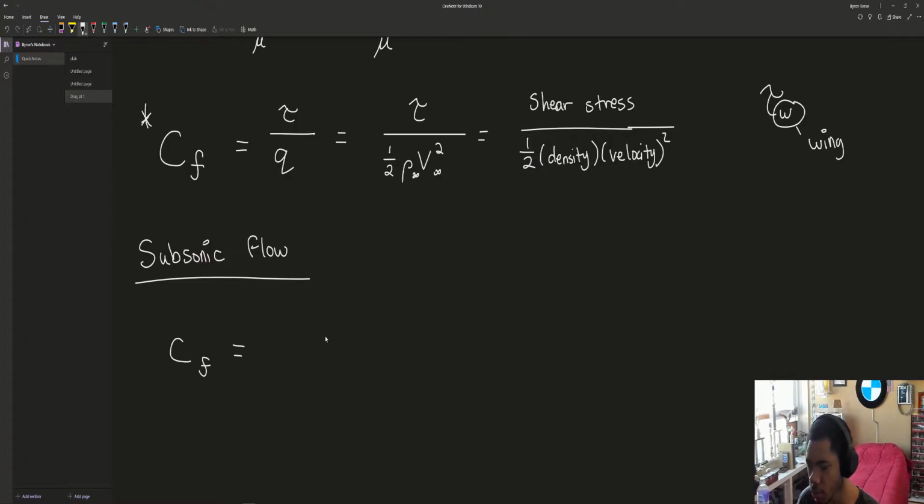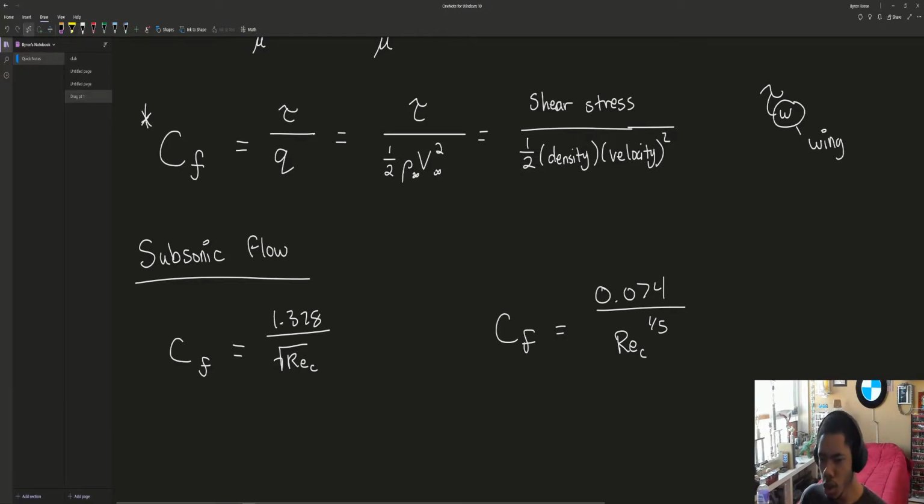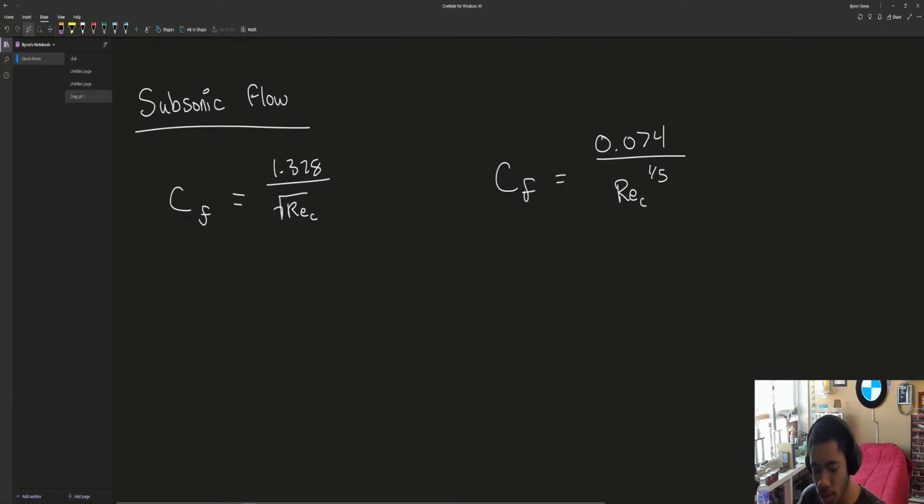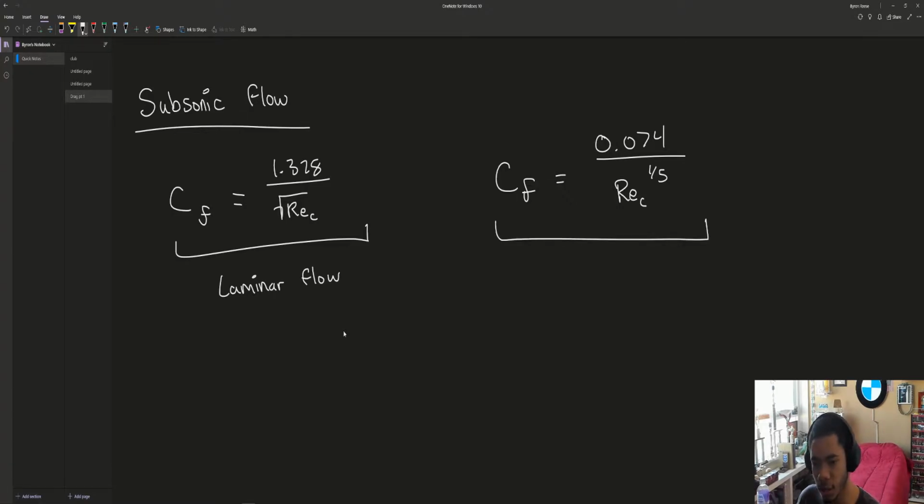We get CF equals 1.328 divided by the square root of Re_c, and we get CF equals 0.074 over Re_c to the 1/5. Now what we find out here is that these two are subsonic cases for laminar flow and for turbulent flow.